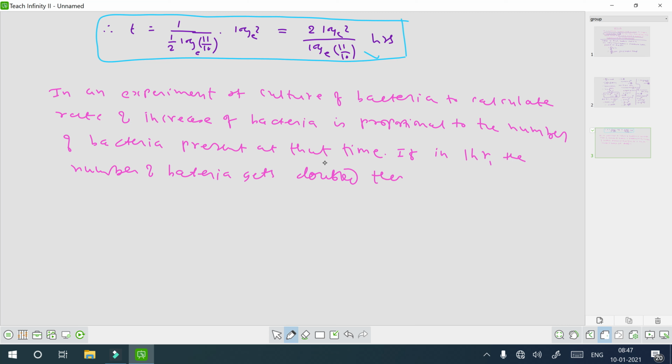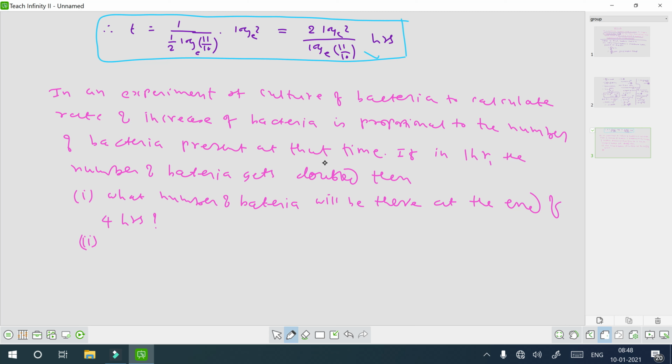Then we want to answer 2 questions. First one, what number of bacteria will be there at the end of 4 hours? First question.